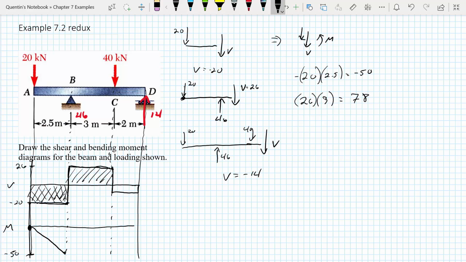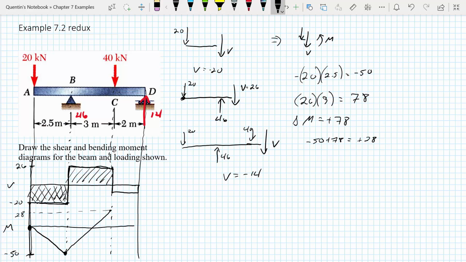26. Okay. So the delta moment is plus 78. So it goes 78 from here to here. So minus 50 plus 78 is equal to positive 28. So it goes from minus 50 up to this here, which is 28.